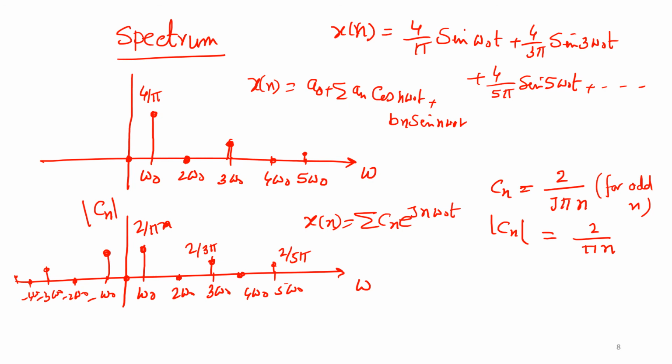So it is positive spectrum, positive frequency. But this side it is negative frequency, and this side is positive frequency. So the exponential form will contain both negative frequency as well as positive frequency. Be careful, this is the difference.